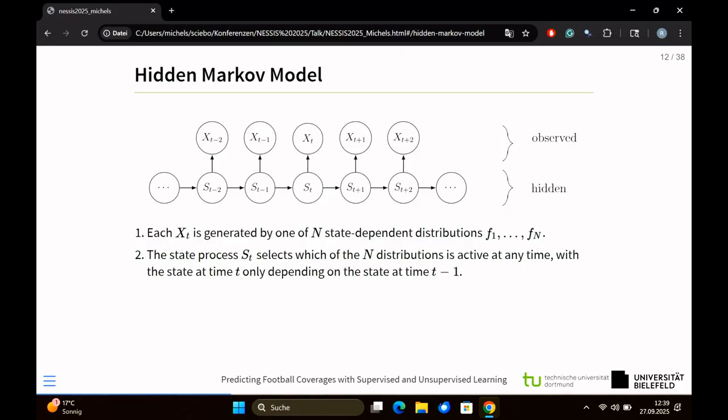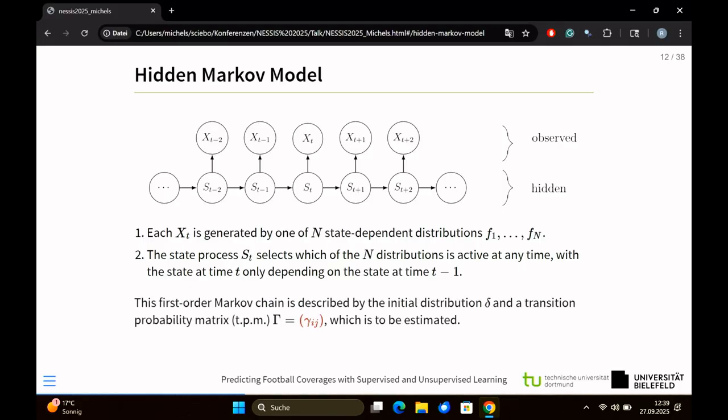With that, you probably have 3 states: a sleeping state with only short step lengths, a foraging state, and a traveling state. From the observed data, you can deduce the behavior of the animal. The important part here is the underlying Markov chain, which is estimated, because without it, it would be just a classical mixture model.